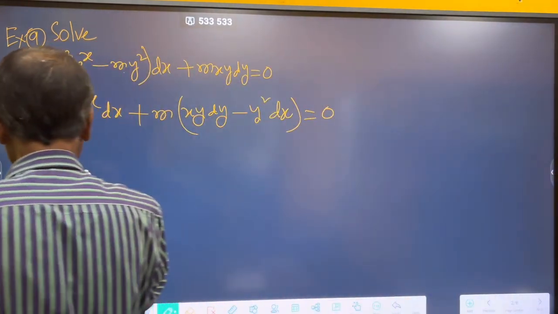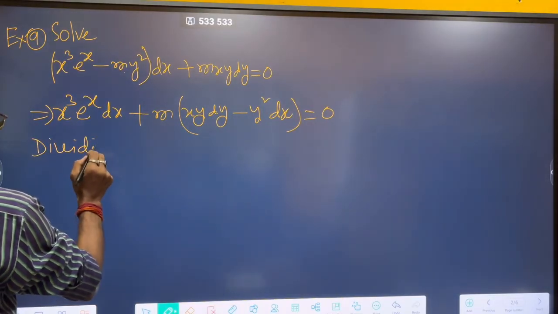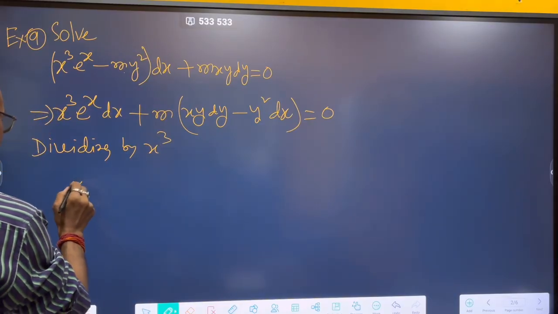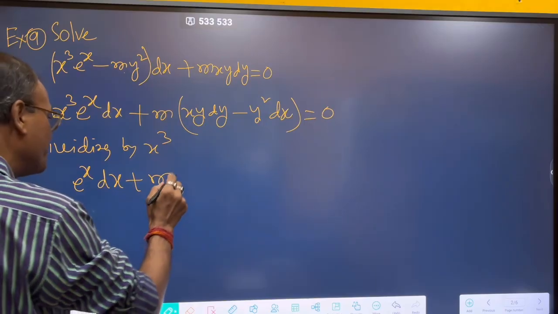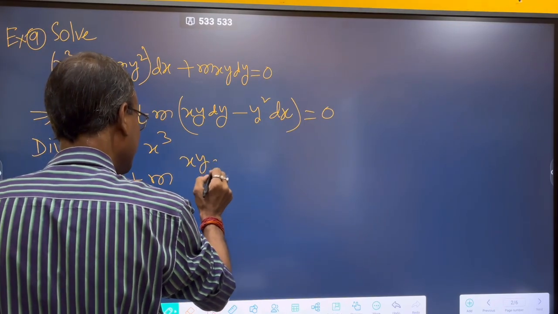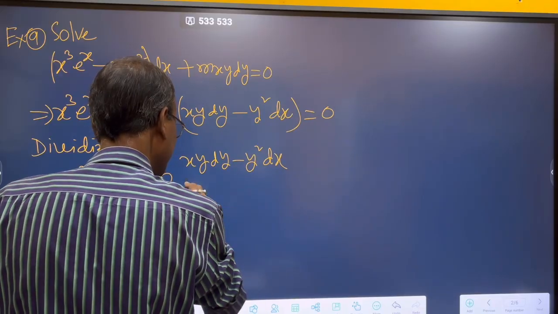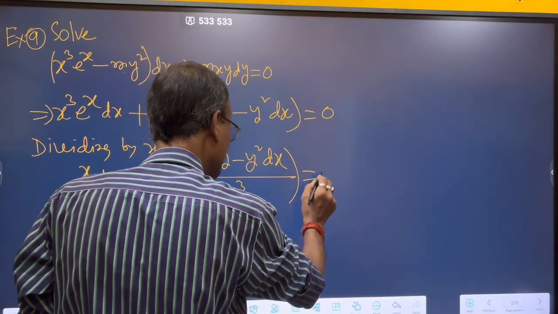Now dividing by x cube, you will get e to the power x dx plus (x y dy minus y square dx) divided by x cube equal to 0.